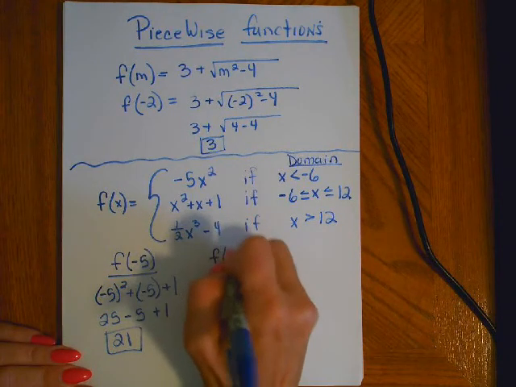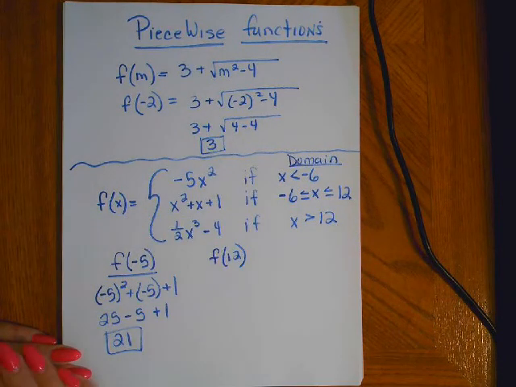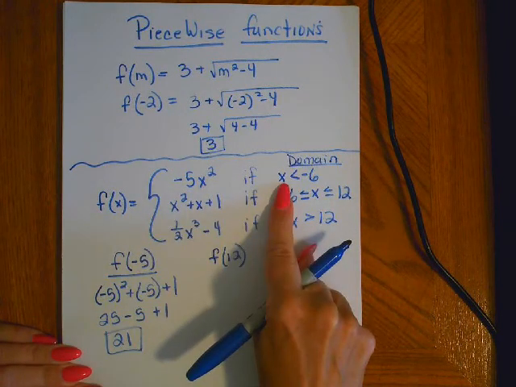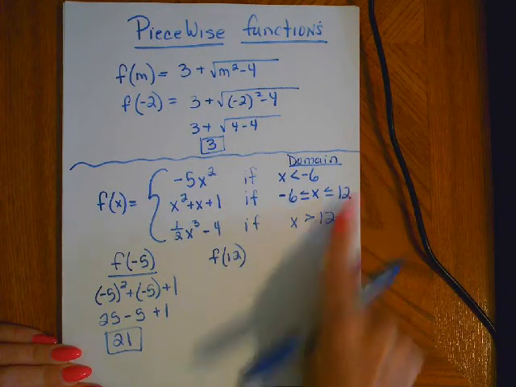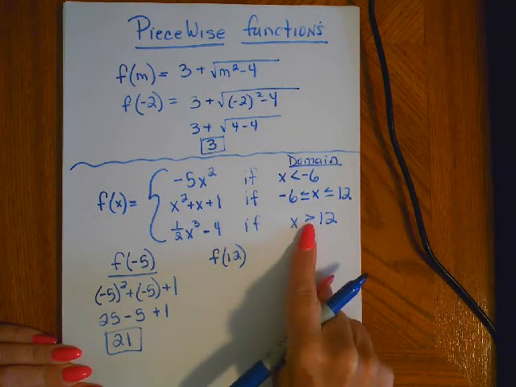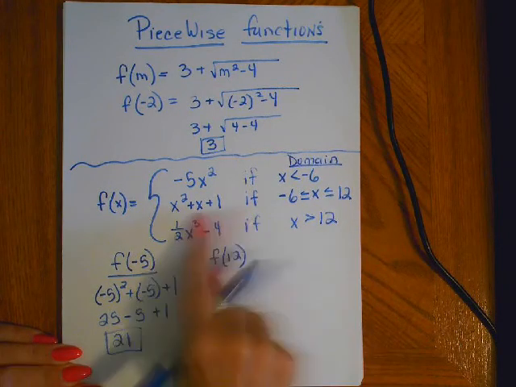Let's try another one. Let's say you're given f of 12. Okay, well, which one of these equations are you going to go? Over here, you only use this equation if you're less than -6. You have 12 on both of these. But over here, this is equal to 12. This is greater than 12.